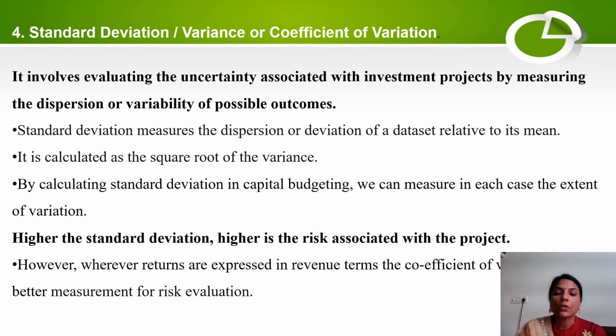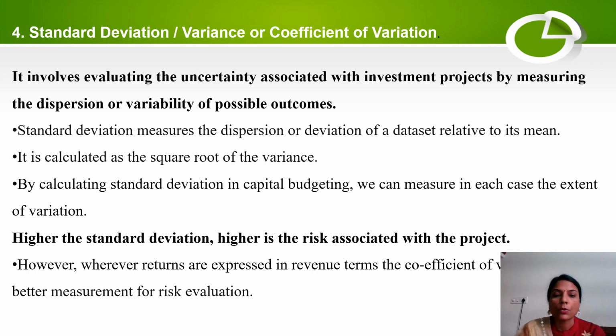Through the measures of dispersion, as these statistical tools are one of the tools through which you can evaluate the dispersion or variability of possible outcomes or variations in the data from the mean values. It measures the dispersion or deviation of a data set relative to its mean.